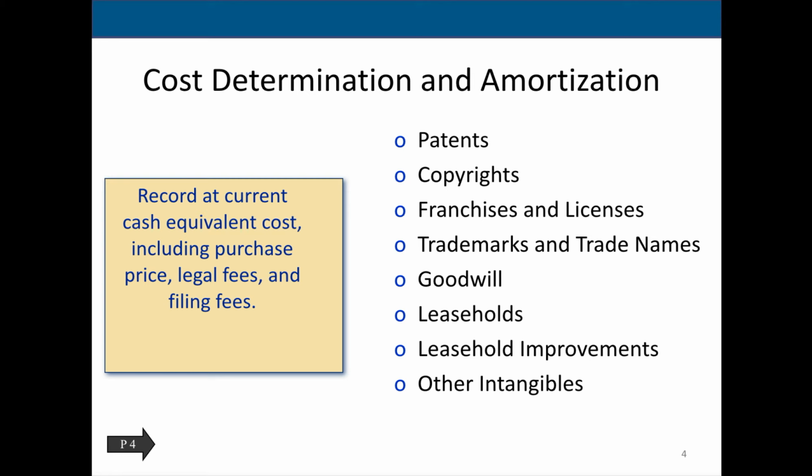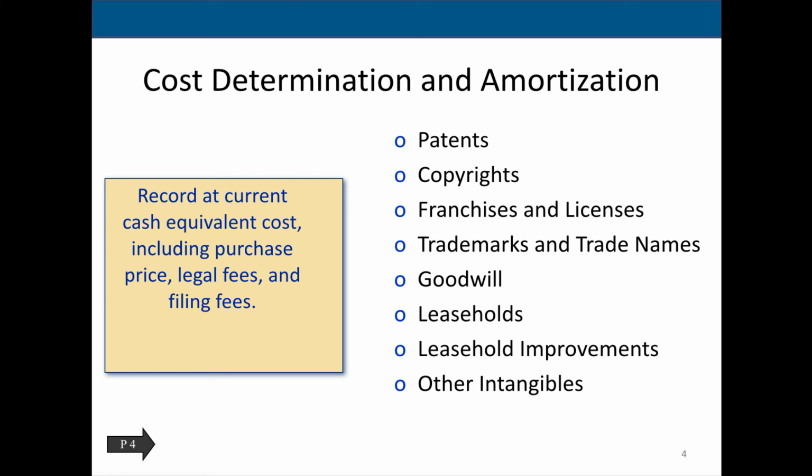Okay? Or you treat them like a land improvement or a building. If you have a fixed time period, 10, 15 years, and you can say, hey, whatever costs associated with this asset will be used up, or the revenue generating value associated with these costs will be used up in this specific time period.